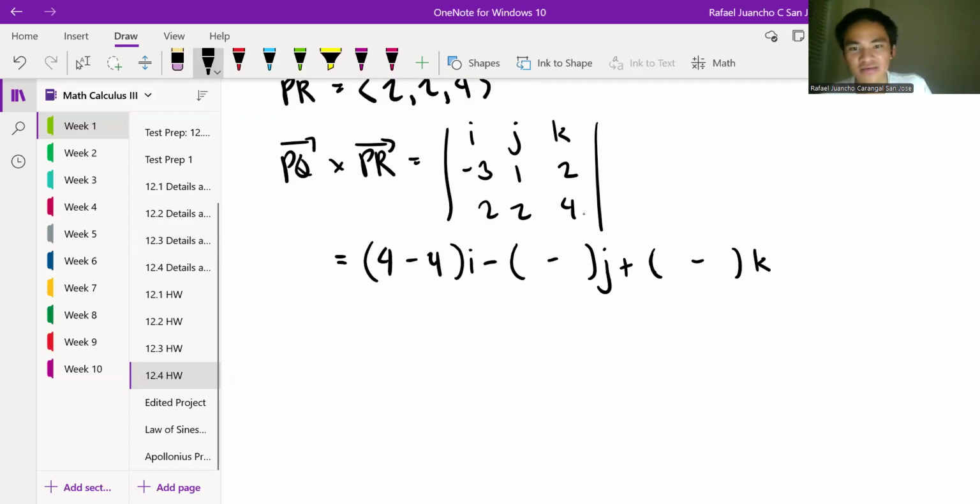For j, -3 times 4 is -12. We're subtracting that from 4, because 2 times 2 is 4. Okay, and then for k, -3 times 2 is -6, 2 times 1 is 2.